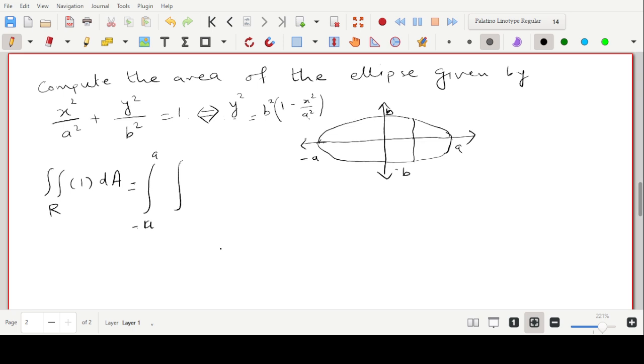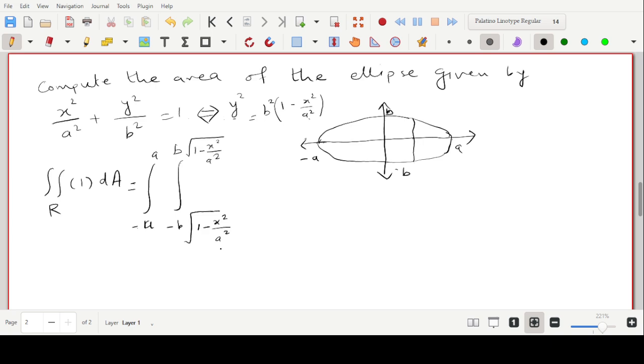So these are the two values of y that we obtain, and y will vary between these two values. So negative b square root of 1 minus x square over a square, from negative to positive value.